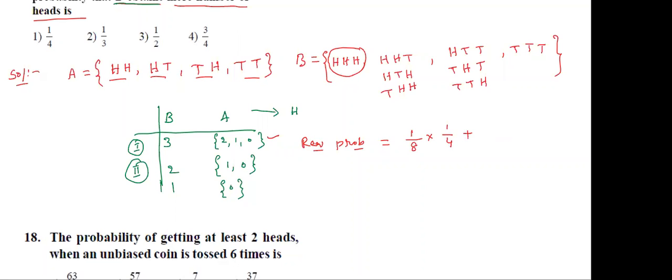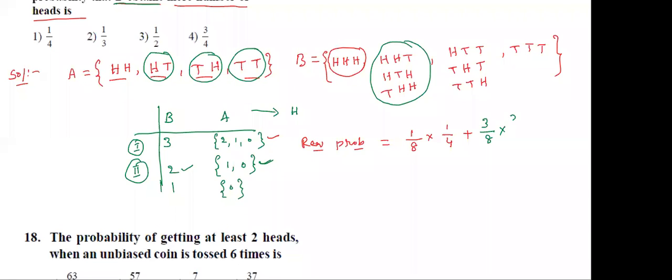Now go to the second case. Second case, B having 2 heads. See here, 2 heads. How many sample points? 3. Total 8, into, second, A having 1 head or 0 heads. How many are possible? 3 chances.